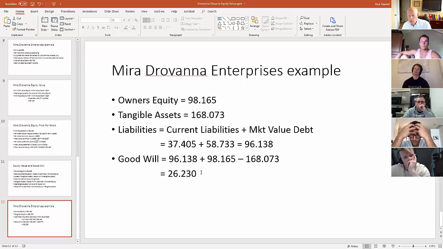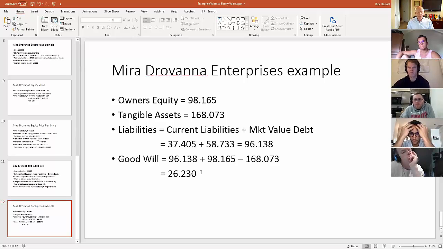What relevance does that have, and who cares? Well, as it turns out, almost all companies would actually have a valuation greater than the value of the assets on the balance sheet. Why would that be? Because of the premium you're going to pay, or? Yes, but why would we pay a premium?